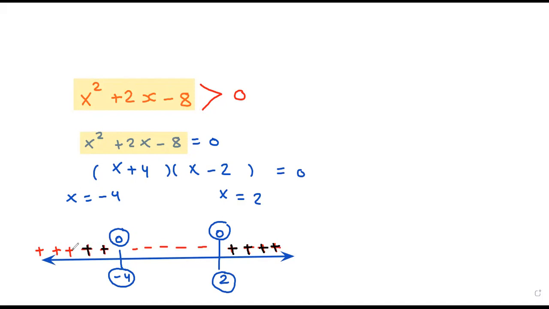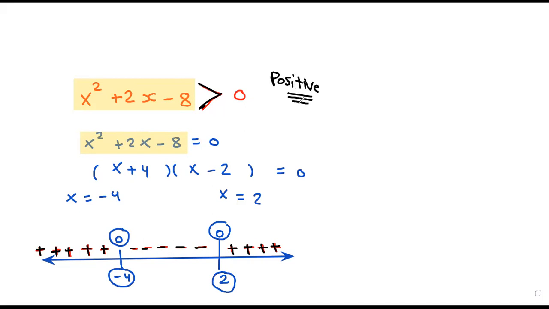And any value less than minus 4 makes the expression positive. If you take a value between minus 4 and 2, like 0, you will find that the expression is negative. So let's go to the inequality again and see what we need. We need the positive because it's greater than 0. So we need the positive.